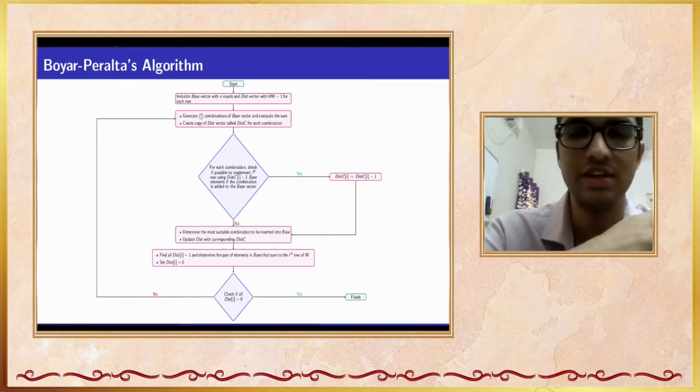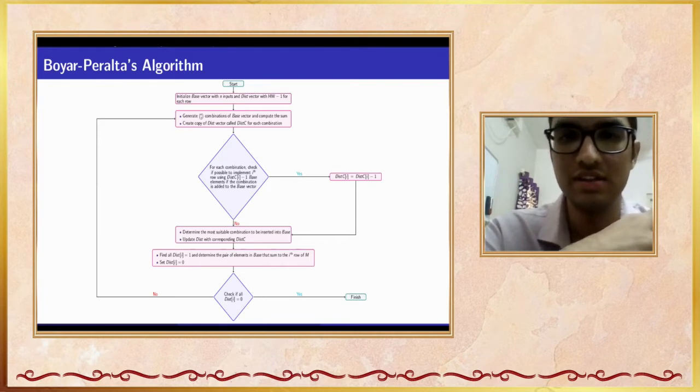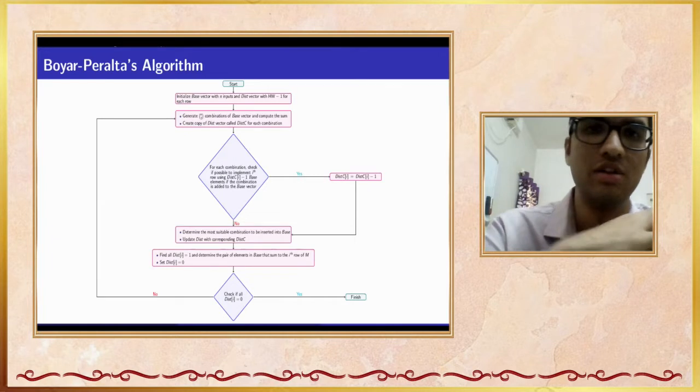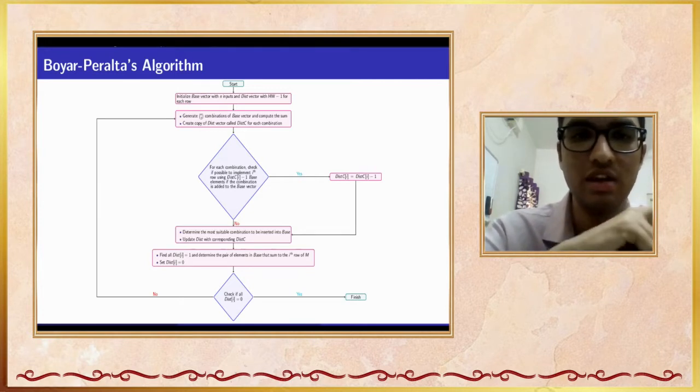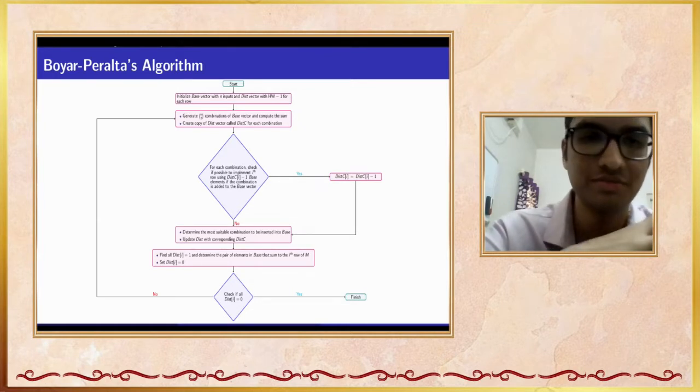Next, for each combination, we check if it's possible to implement the ith row of the matrix using dist[i] minus 1 base elements if that particular combination is added to the base vector. If it is, then we reduce the element in the DC vector by 1. So essentially what this step does is determine whether the number of XOR operations required to implement the rows in that matrix can be reduced by 1 if a particular combination is generated.